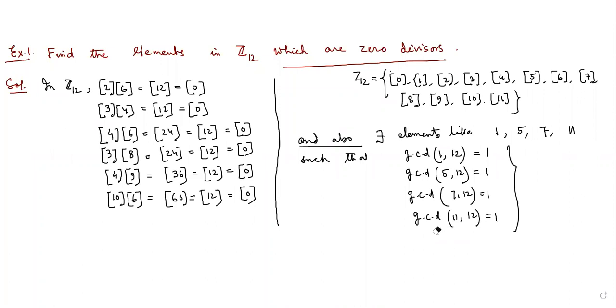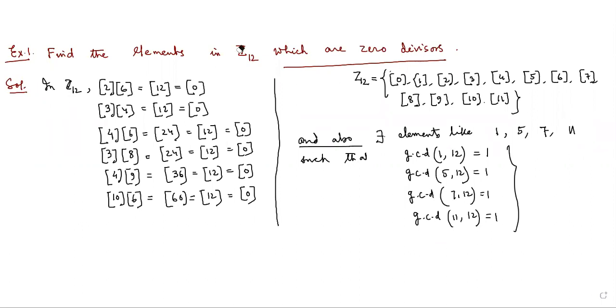So what are the zero divisors? A and B are zero divisors if A is not 0, B is not 0, but A times B is 0.